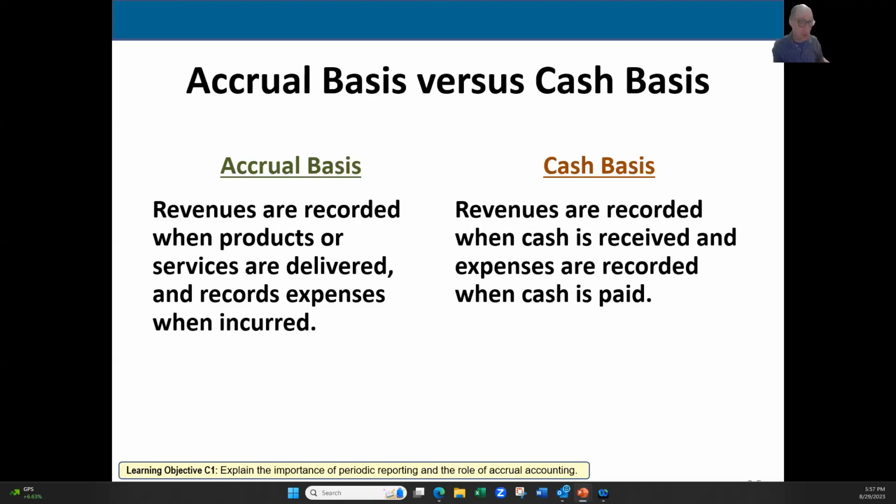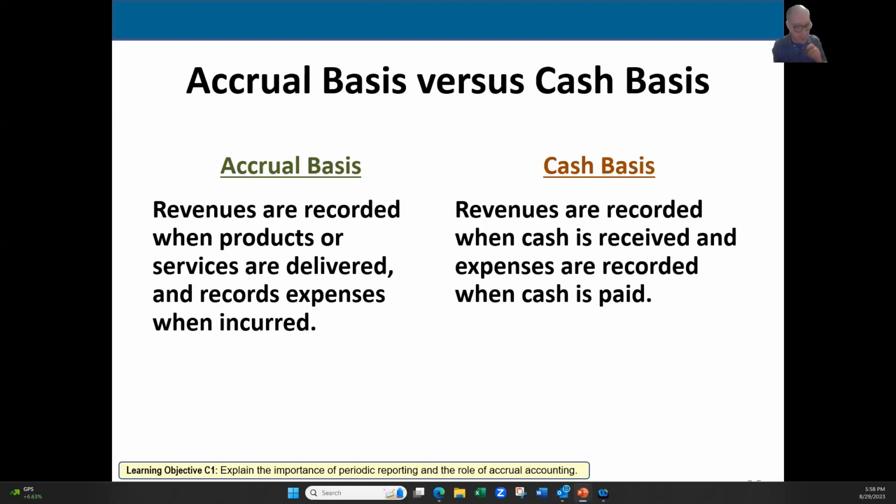We recognize the expense when the expenses are incurred, according to the matching principle. That is accrual-based accounting. Not all businesses use accrual-based accounting. A good amount of them do. Most businesses that are either in retail or manufacturing, they all use accrual-based accounting. Retail and manufacturing, they use accrual-based accounting, mostly.